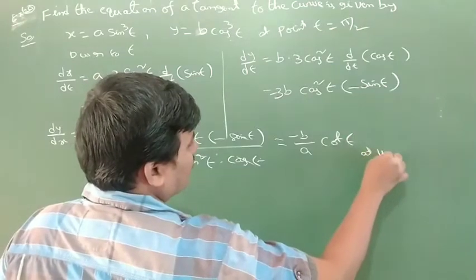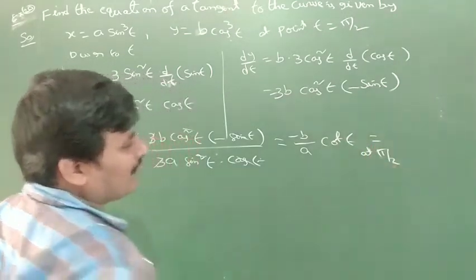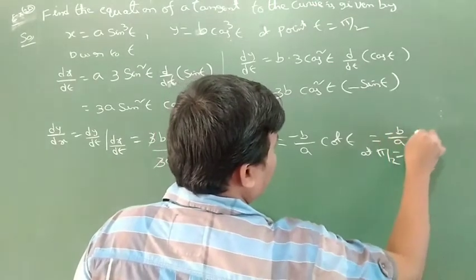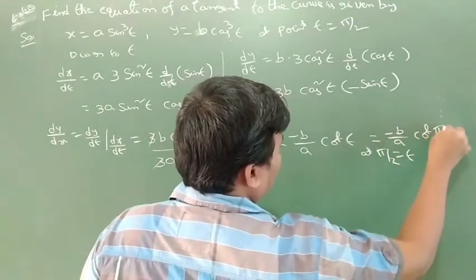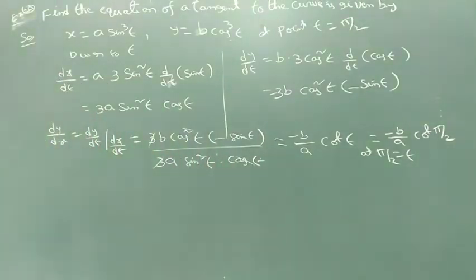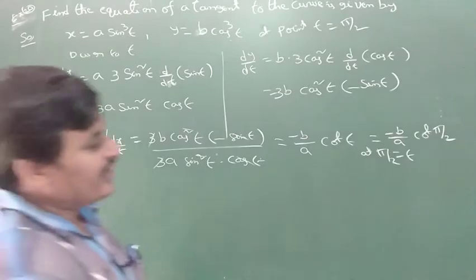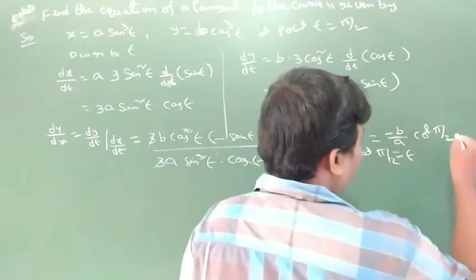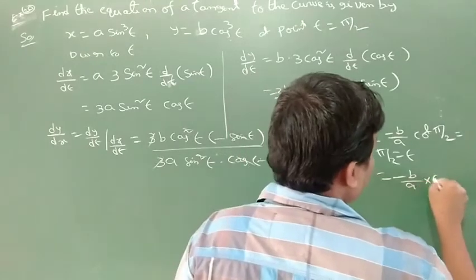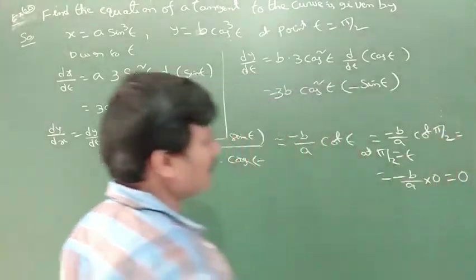At t is equal to pi by 2, minus b by a into cot pi by 2. Cot 90 is cos 90 by sin 90, that is 0 by 1, which is 0. So cot 90 is 0, and that is equal to minus b by a into 0, which is 0.